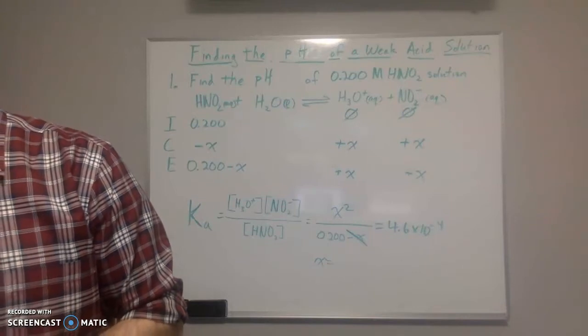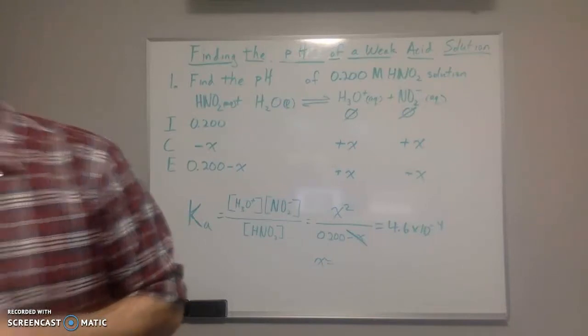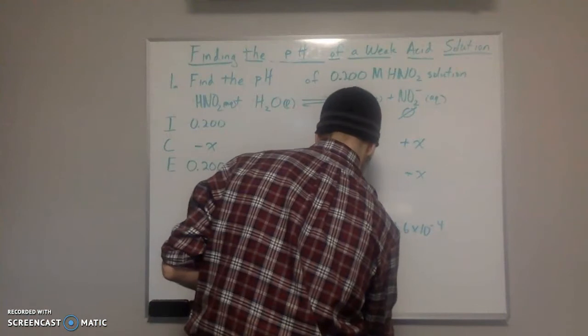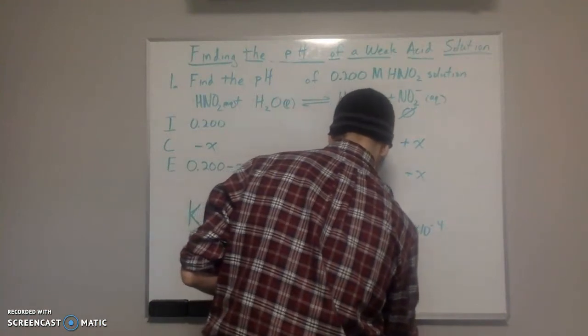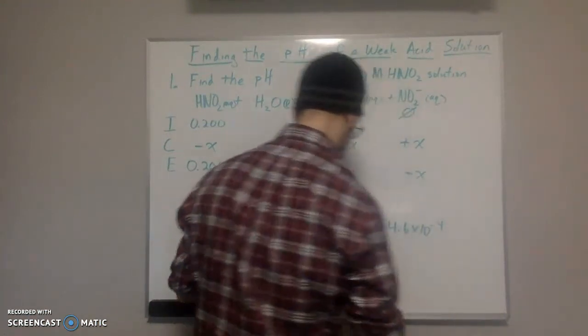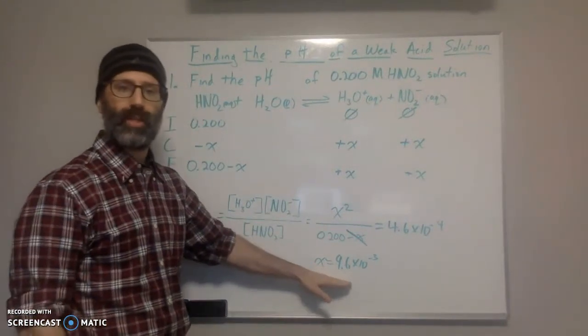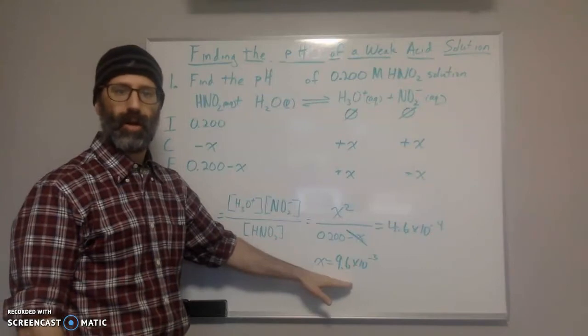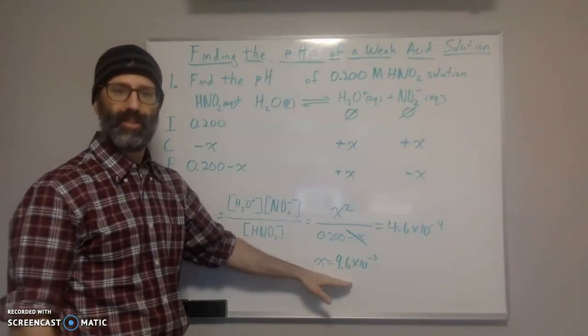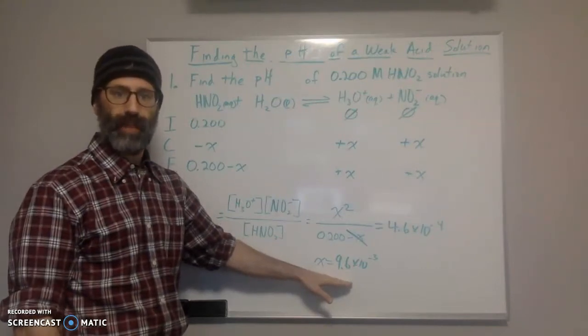x is equal to 9.6 times 10 to the negative 3. Okay, so now we need to validate our x is too small approximation using the 5% rule.